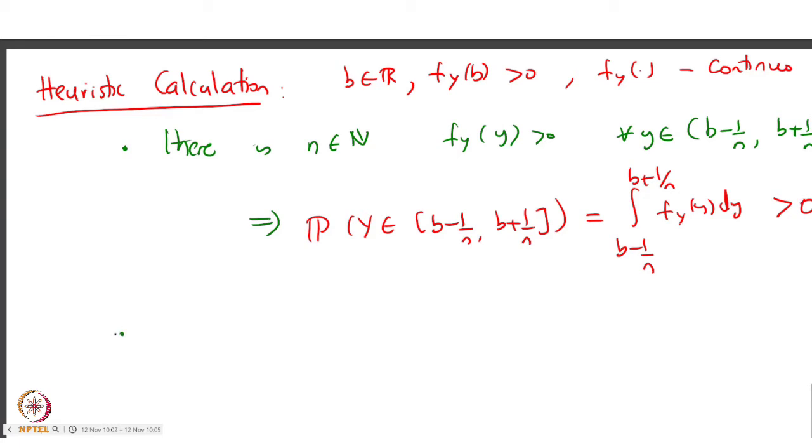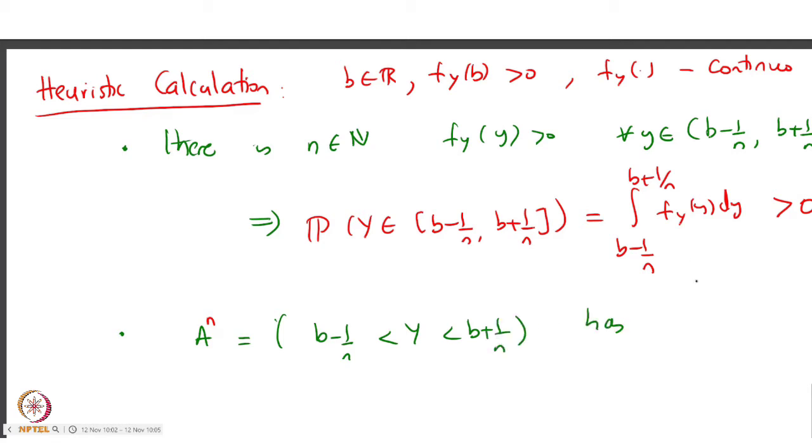Once you have this, that the event has positive probability, I can define the event A super n as the event that y is in b minus 1 over n less than y less than b plus 1 over n.